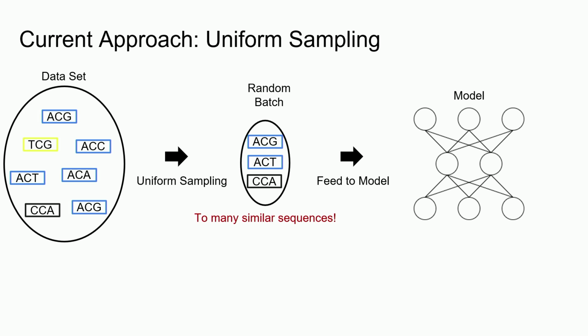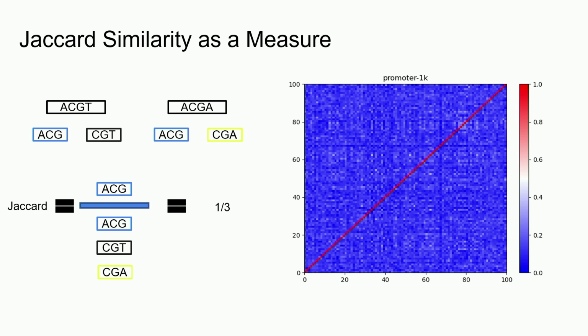But one fun fact about gene work when I study is it's different from other applications. If you do random sampling on a large bioinformatics data set, you can see a lot of similar sequences. And that means this uniform sampling generates some bias during both training and inference. And we can measure it by Jaccard distance. In bioinformatics, Jaccard is a very good distance.